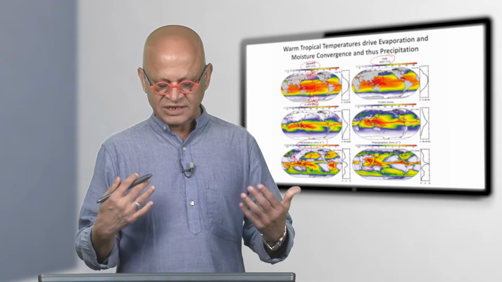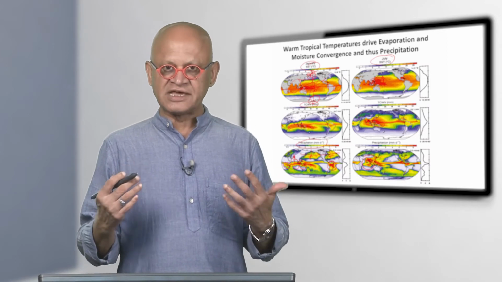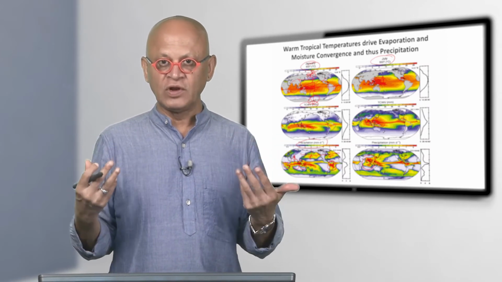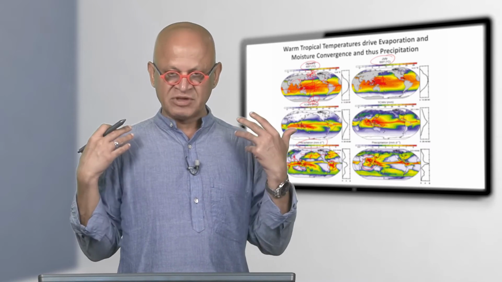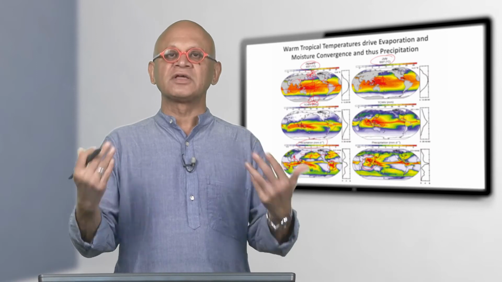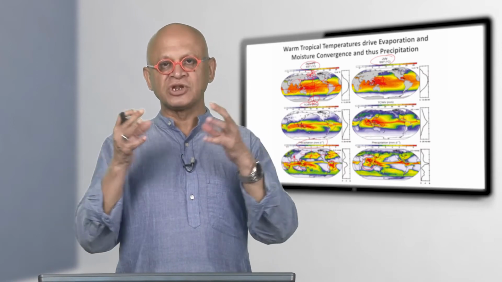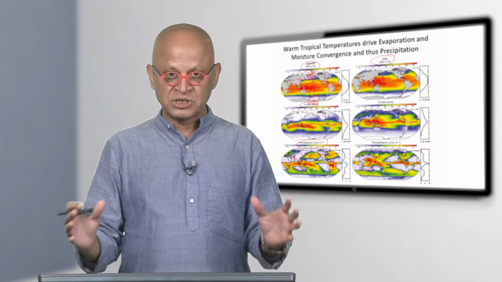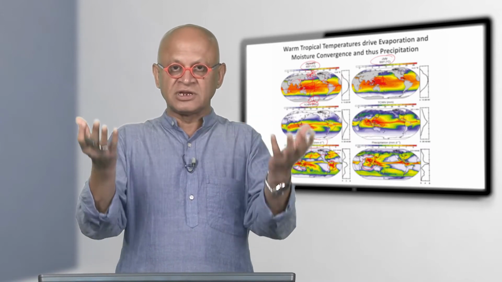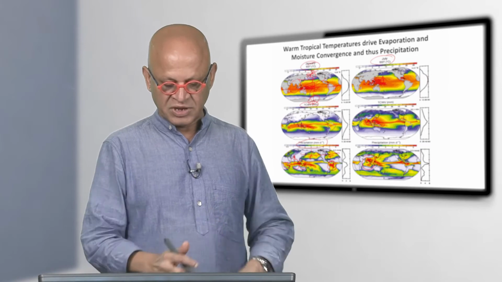So these scale selections are not very easily explained without getting into full dynamics and thermodynamics of the atmosphere. Usually dynamics means it's the circulation, thermodynamics means it's the evaporation, condensation, precipitation. So the energy release, energy picked up during evaporation, energy released during precipitation.